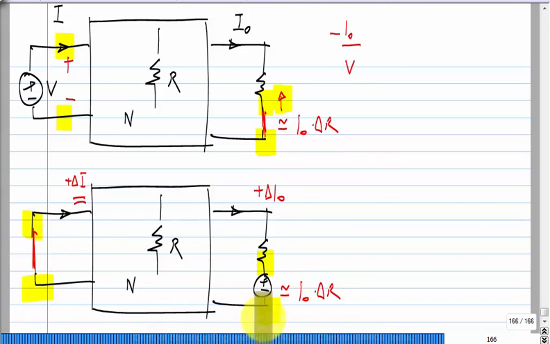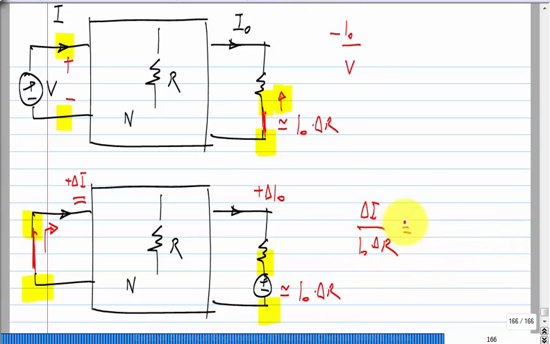if this is port 1, this is port 2, the current going that way, which is how much? Delta I divided by the voltage across port 1. The port is not here, that is all. Okay. Divided by what? I naught times delta R. Okay. Is this correct or no?